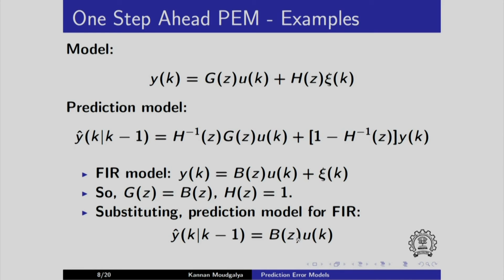Instead of B, I had used G directly. So whatever we did in the previous video where I just ignored C is perfectly consistent with the one step ahead prediction error model that we derived in this video.